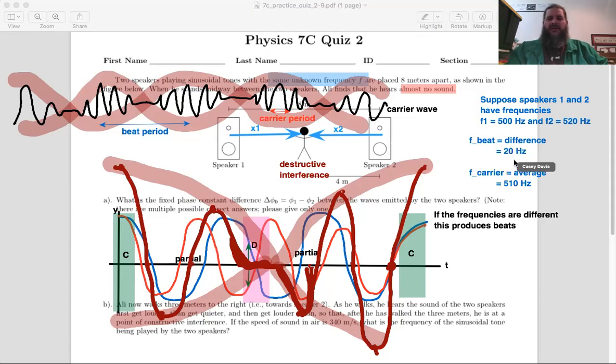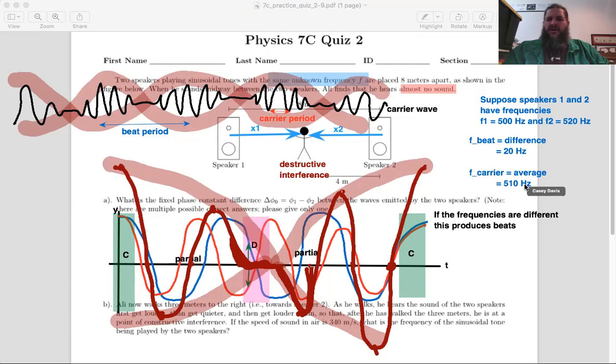That is 20 oscillations between loud and quiet and loud each second. So that's the general numerical calculation you would be making with beats. The beat frequency is how many cycles per second of loud to quiet to loud, and that's just the difference between the two source frequencies. The carrier frequency is the pitch you actually hear, and that's the average of the two source frequencies.